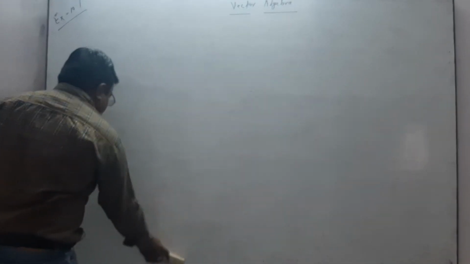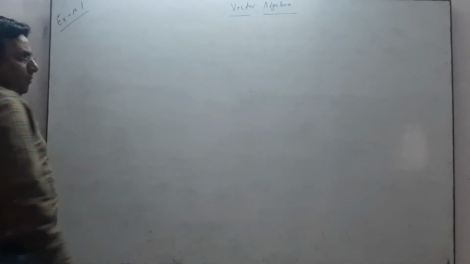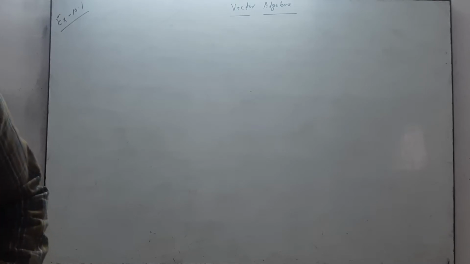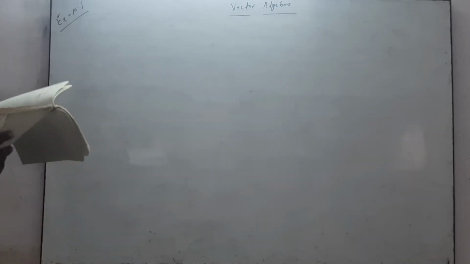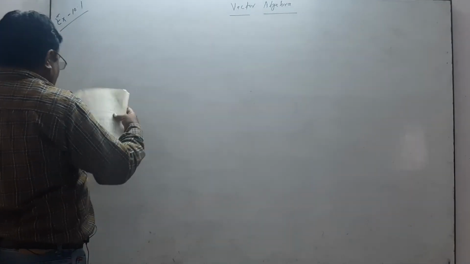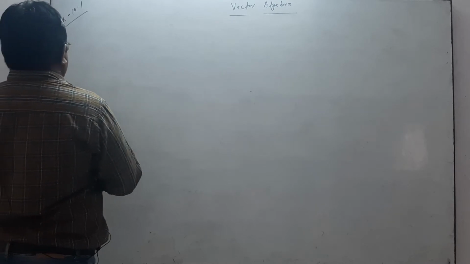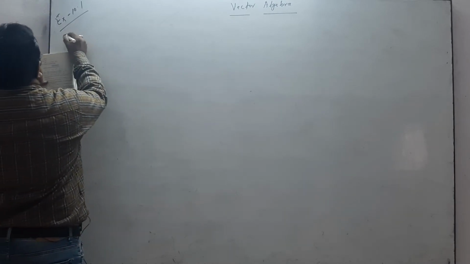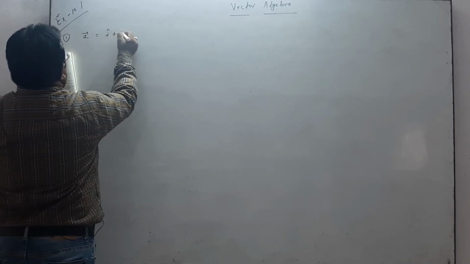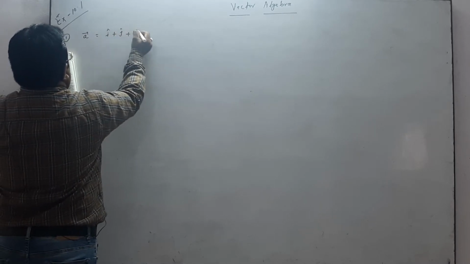Right? But today, now exercise 10.1 and question number first. Vector A is given, vector B is given, vector C is given. Now compute the magnitude of the following vectors. So now look here, question number first: vector A is given I cap plus j cap plus k cap.